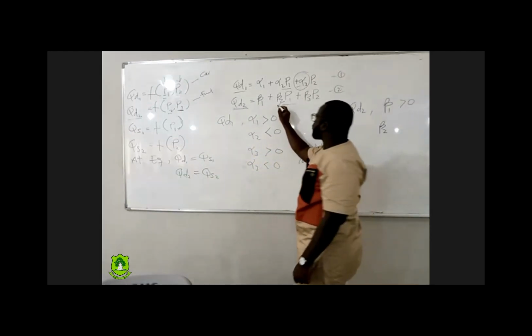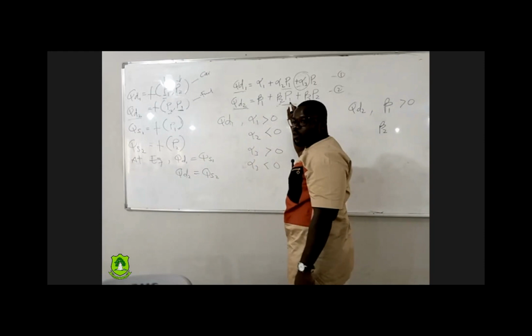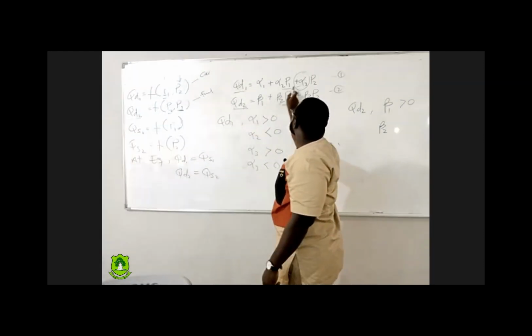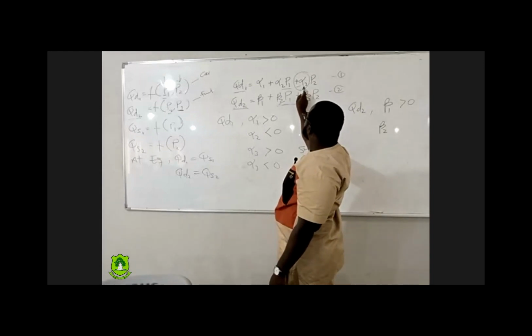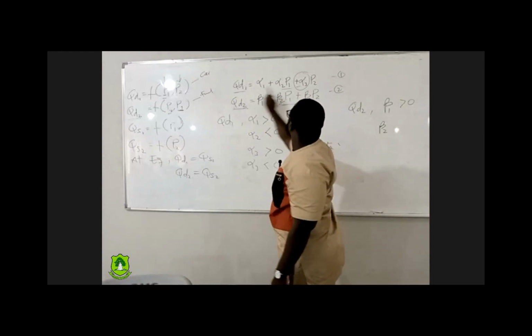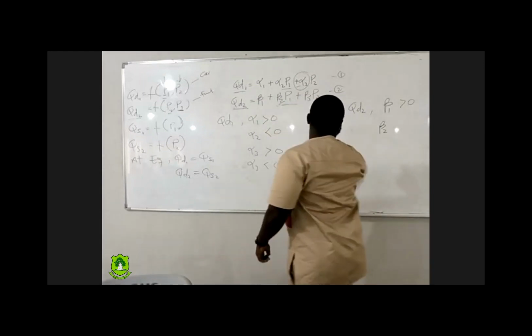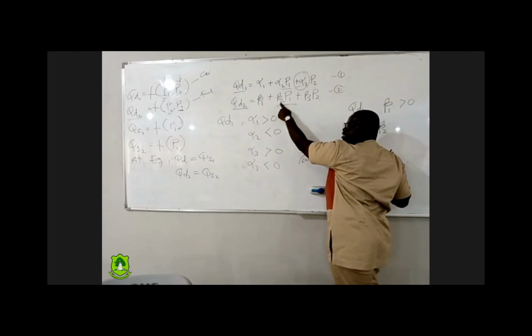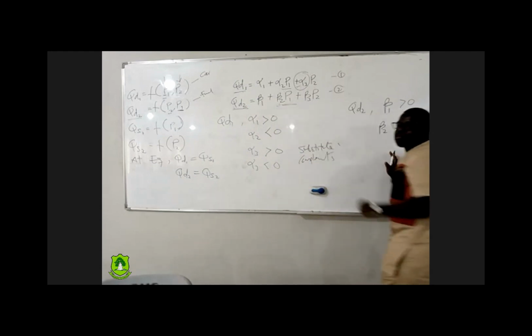So this is the price of a related good, as you can see, P1, and this is Q1, D2. It's the same thing that we did here. So here is the related good. So whether this one will be positive or negative depends on the type of good.